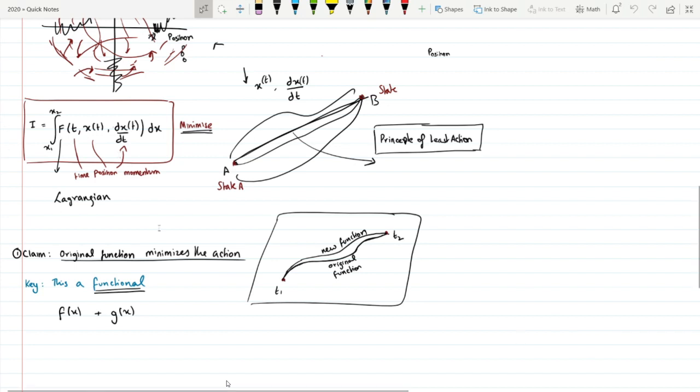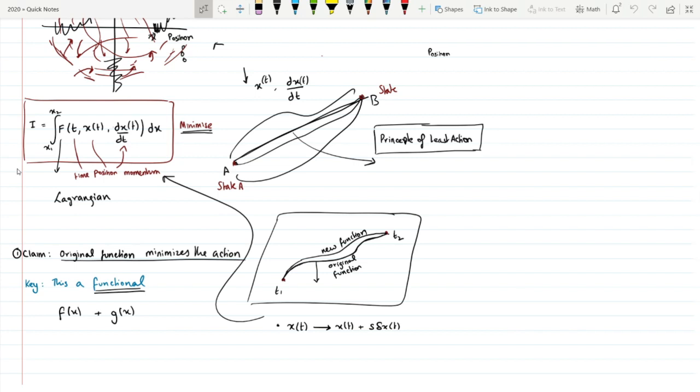So I'm going to write down some key important tools here to begin with. My original function is a function of position. Is it clear? We've made this assumption clear in our Lagrangian. We've said that whatever it is has to contain a function of position and of momentum. So how does this change? Well, I say x of t goes to x of t plus some number times the variation.